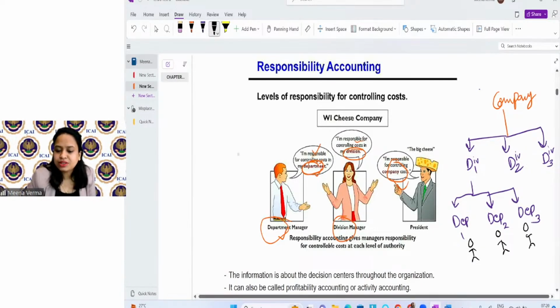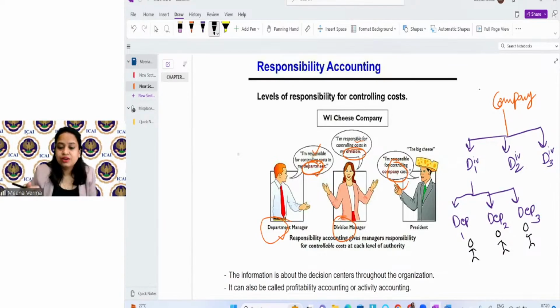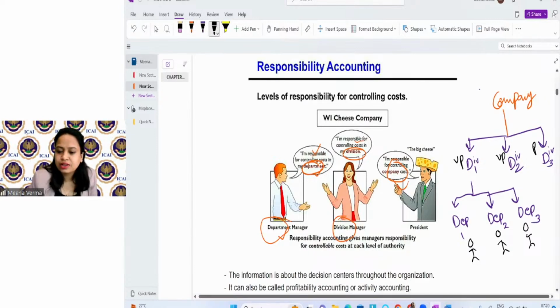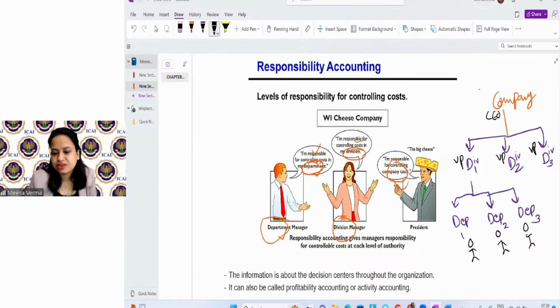So maybe, for example, these are all senior managers in their respective departments, then the functional departments, right? And here maybe these are vice presidents of the company, and this is the owner or the CEO or the managing director of the company. Now this person will say, I am responsible for the entire company cost.